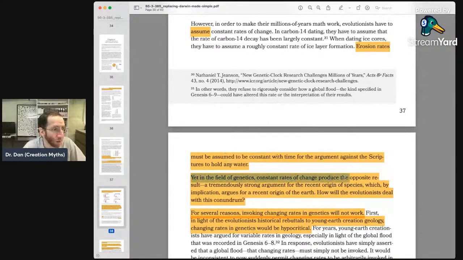Yet in the field of genetics, constant rates end up being, no, they don't support a recent origin. They just don't. Because when he says constant rates, he means doing the math wrong. What you need to look at is constant rates of mutations. The rate at which mutations occur is approximately constant, but the rate at which they accumulate is variable with time.